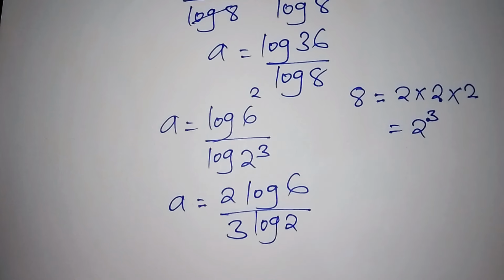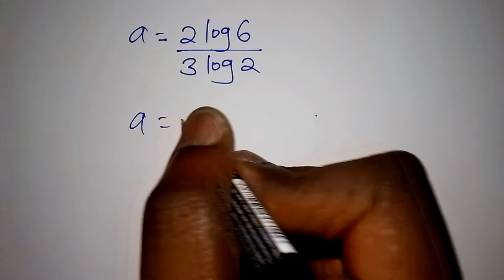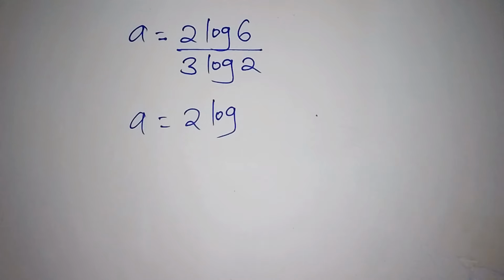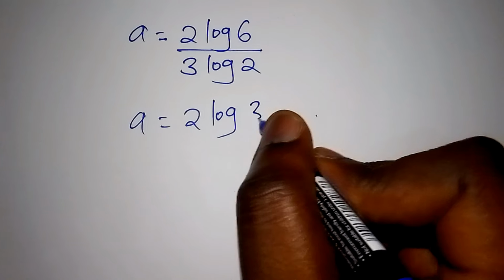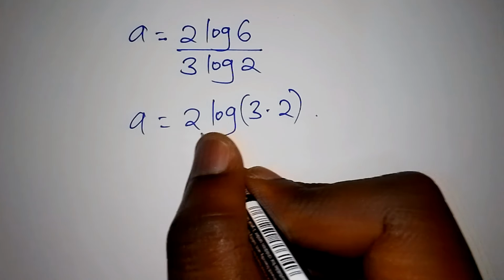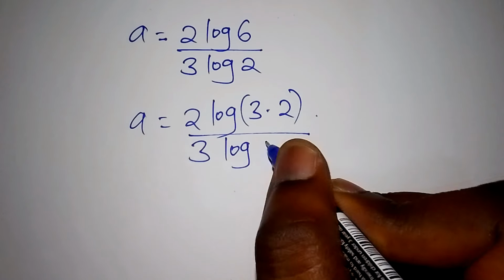Next we shall simplify this by having a equal to 2, the log of 6, which can also be written as the log of 3 multiplied by 2, in bracket, then all over 3 log 2.